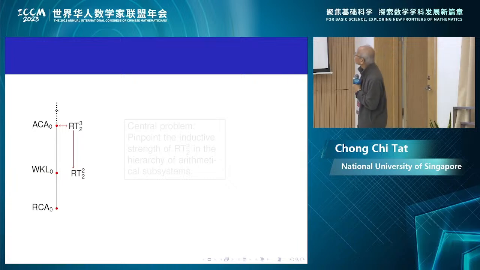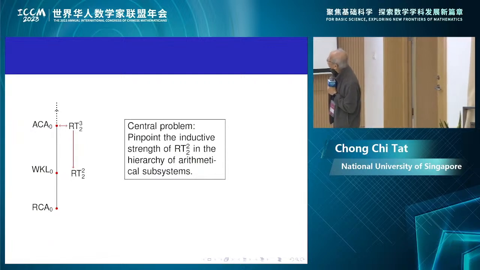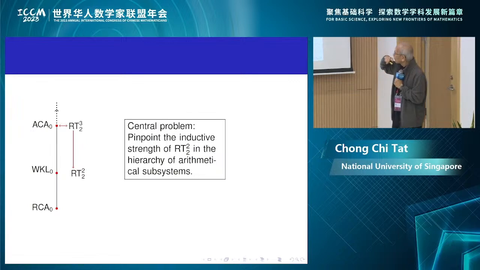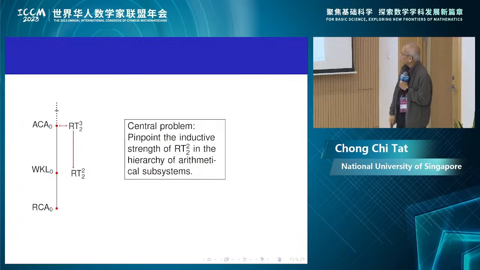So what we have then is the following. We have a hierarchy of results in relation to Ramsey's theorem. ACA0 is at the top, which is equivalent to Ramsey's theorem for triples and beyond.